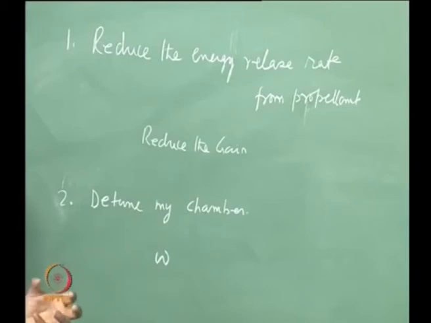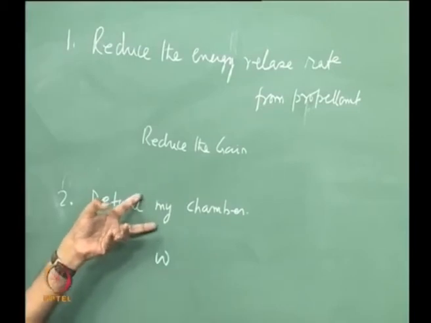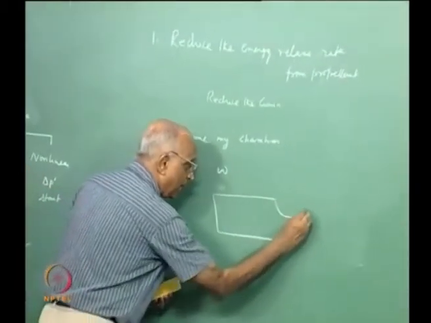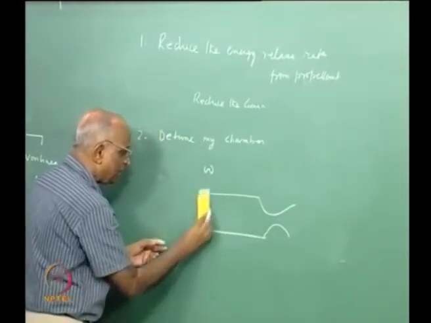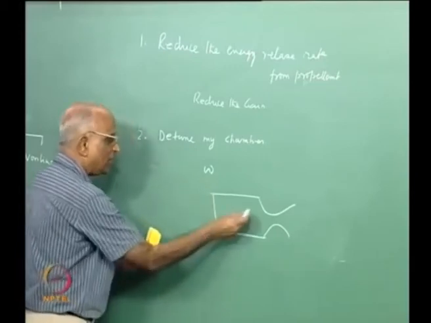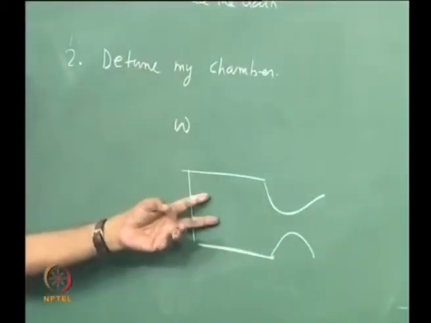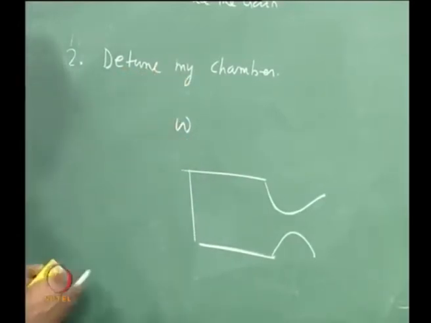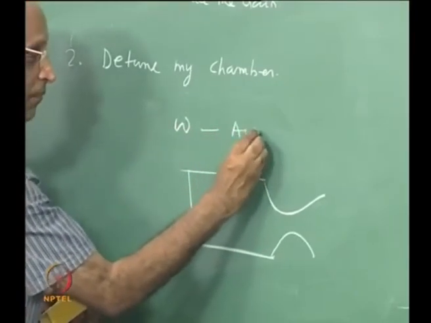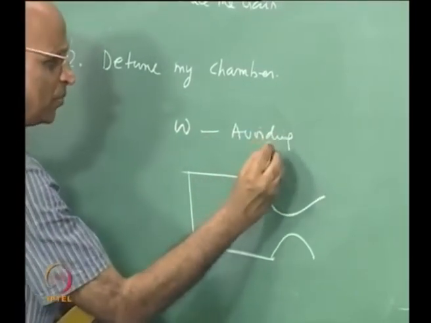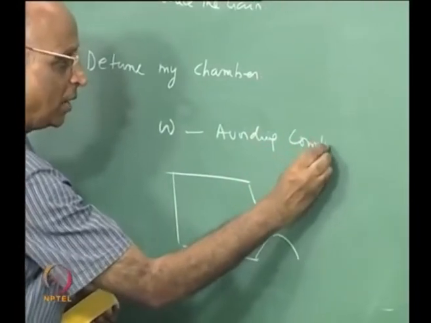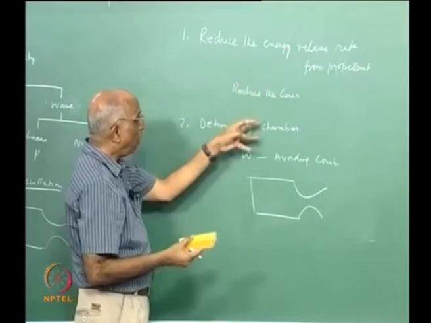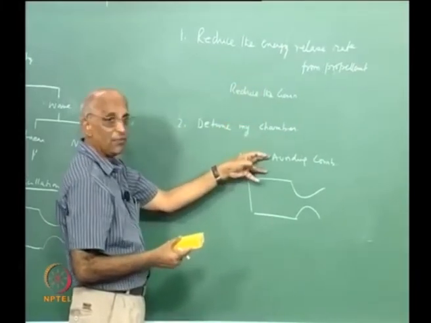Therefore, just the same way wherein I tune to different frequencies for different signals, if my chamber is like this and it is in the axial direction, maybe I make this chamber a little shorter such that I increase the frequency of my chamber keeping the combustion frequency the same. Therefore, I detune my chamber with respect to combustion, and that is one way of avoiding instability. Therefore, the basic processes of avoiding combustion instability are either you reduce the gain coming from the propellant, or I make the frequency of the chamber different from this.